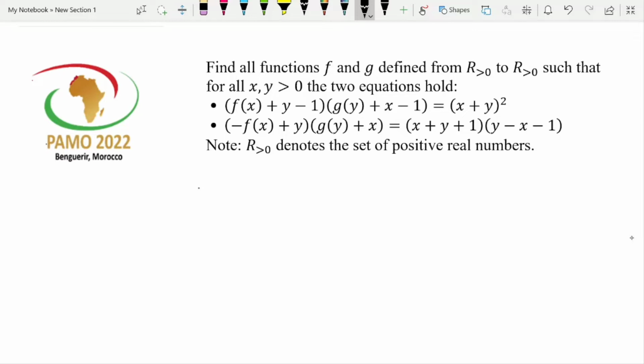As usual, whenever you have a functional equation, you might want to make some substitutions. Let's first say x equals y equals 1. We're not using 0 since we're talking about reals greater than 0.